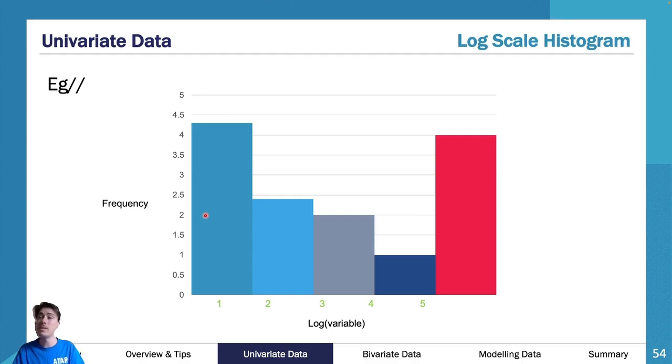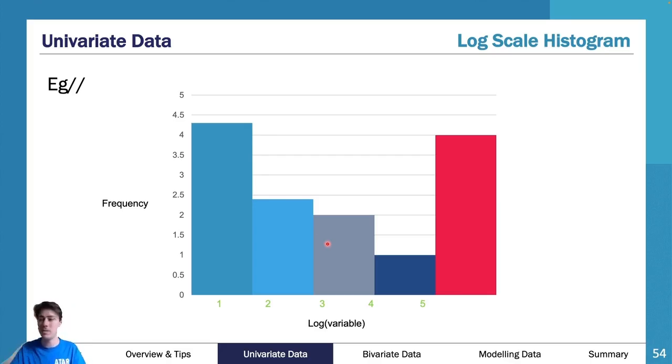If I'm between, next category, we'll say this is between 1 and 2. Now, being between 1 and 2, I say that my raw data is between 10 and 100. But I'm saying it's between a log of 1 and 2. Next one, I say, all right, it's between 2 and 3.